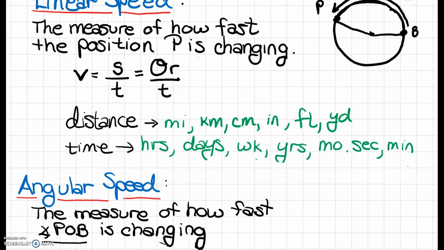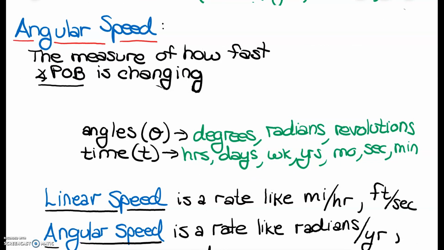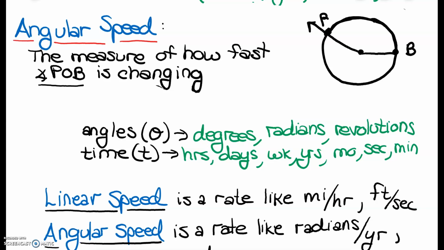So now let's go ahead and move on to angular speed. What is the definition of angular speed? Angular speed, as the word suggests, an angle, also has to do with circular motion. If we take a point B on a circle and that point starts moving, it ends up at position P. Here's a nice angle that movement created along our circle.